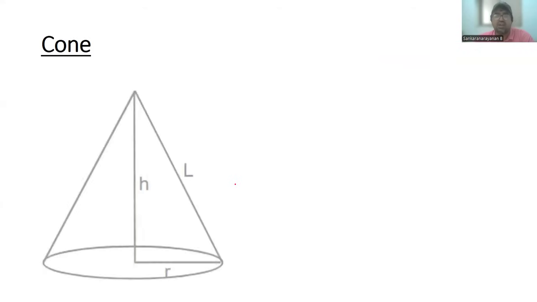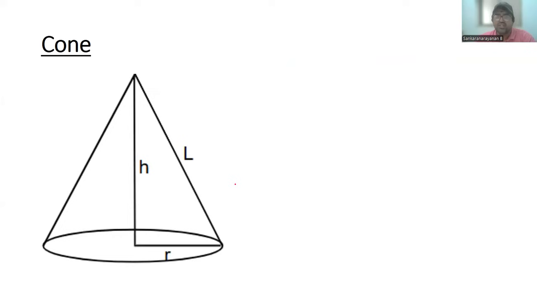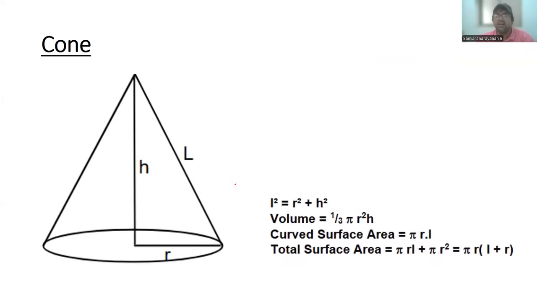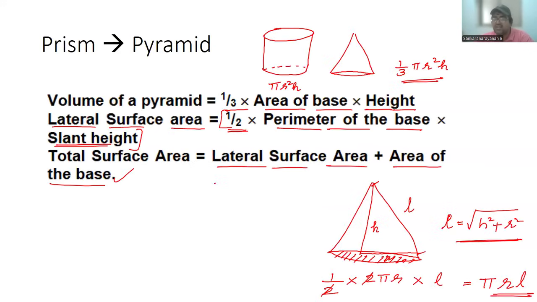Let's quickly see how the cone works. You can see all those details here. You can see now the formula: L square is R square plus H square. We already saw that, right? That's nothing but Pythagoras theorem. Volume is 1 by 3 pi r square h. We saw that. Curved surface area: you see pi r L. We have just derived it. Pi r L. You see this?